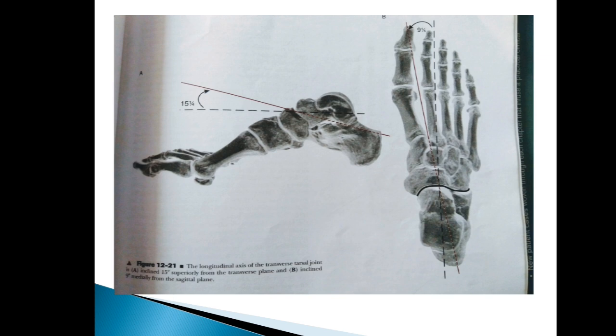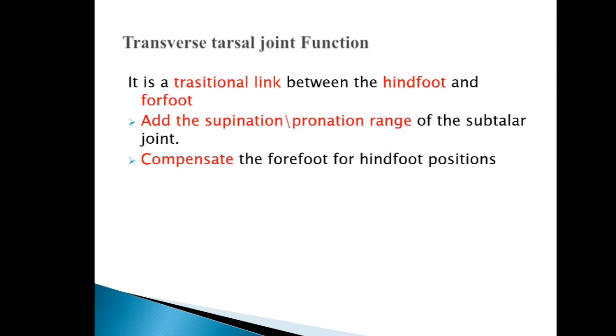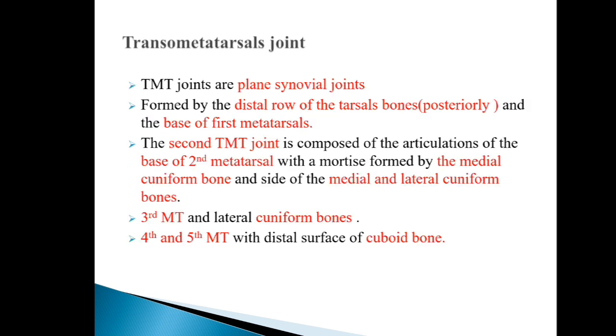So here we have the 15 degrees and here we have the 9 degrees. Function: it is a link between the hindfoot and forefoot, adds supination and pronation range, and compensates the forefoot for hindfoot position.